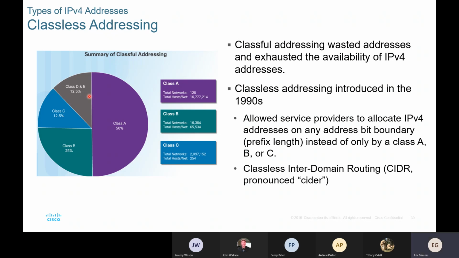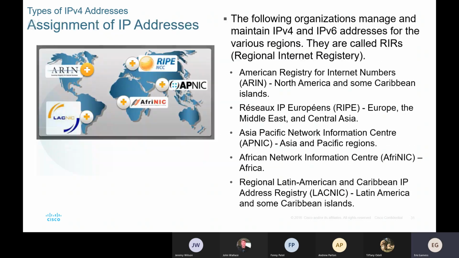So who manages the IP addresses? The world is divided into 5 NICs. NIC stands for Network Information Center, and they are the entities that manage the IP addresses. America has 2 NICs.